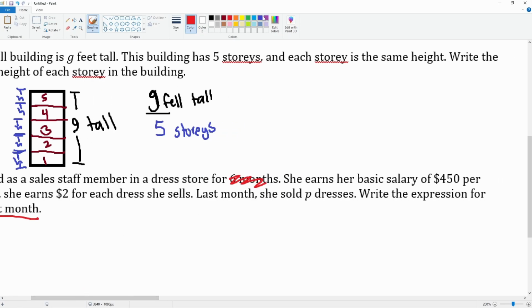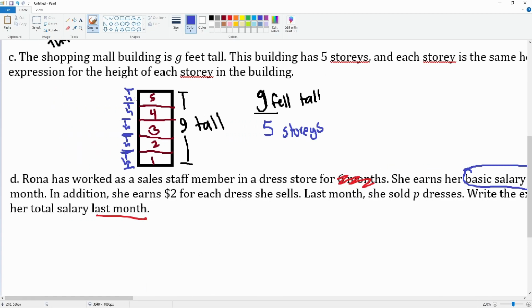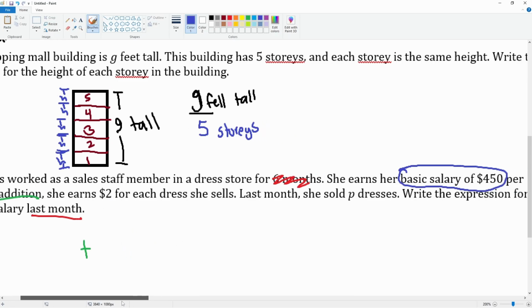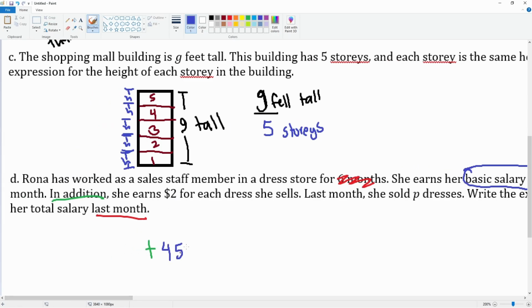She has a basic salary of $45, and then here's the keyword, in addition. So that's going to be an add. So let's put our basic salary amount, which is $45. We're going to add that to this part that says $2 for each dress she sells, and there are P dresses.